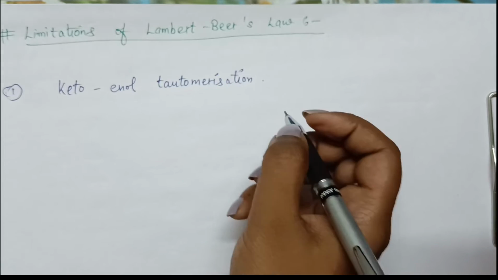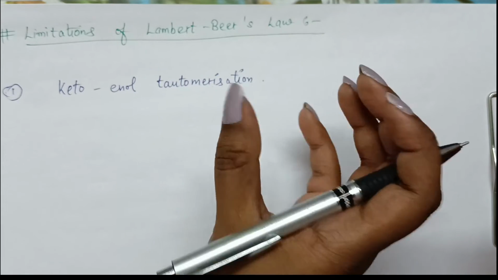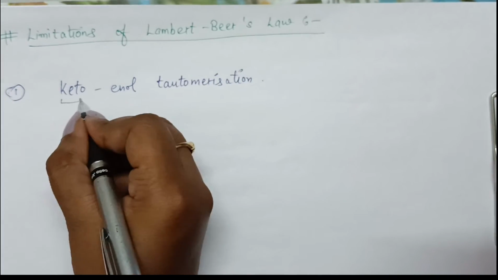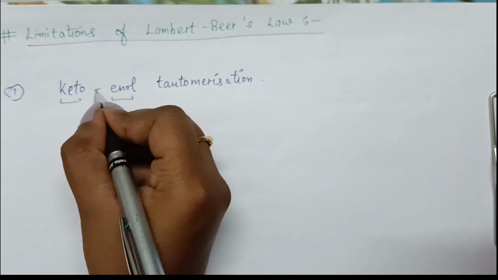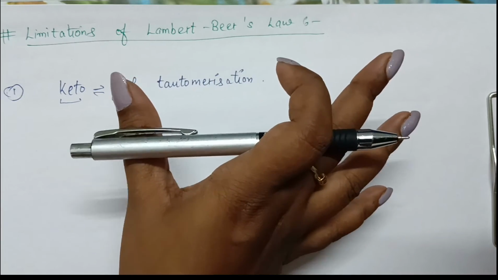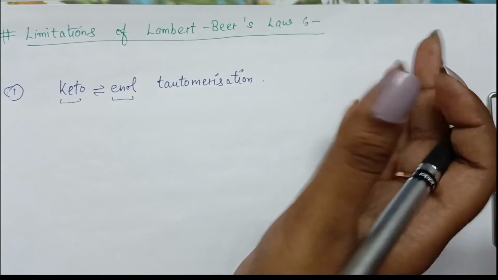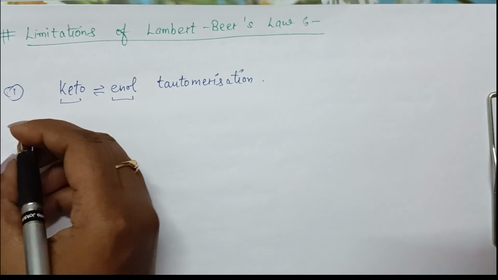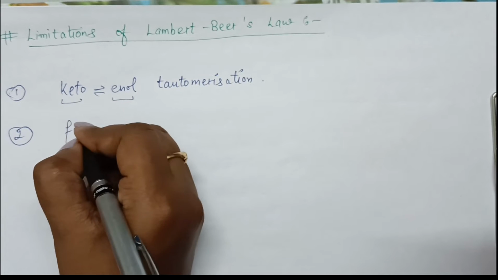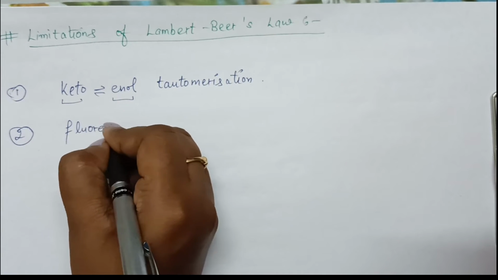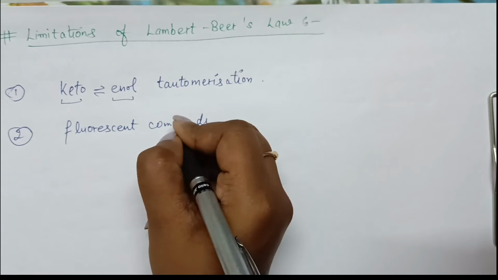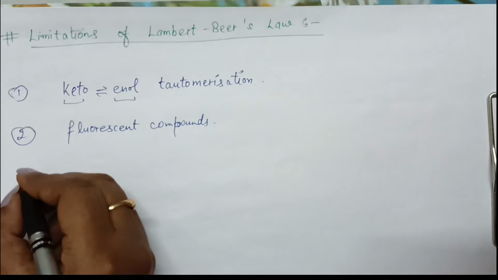In this case we have one absorbing molecule and two different forms of that molecule, that is one keto form and one enol form. These two forms are in equilibrium with each other. In that case, Lambert-Beer law will not be applicable. So there should not be any tautomerism present. Now second, this law will not be obeyed when we have fluorescent compounds. This is the second limitation.